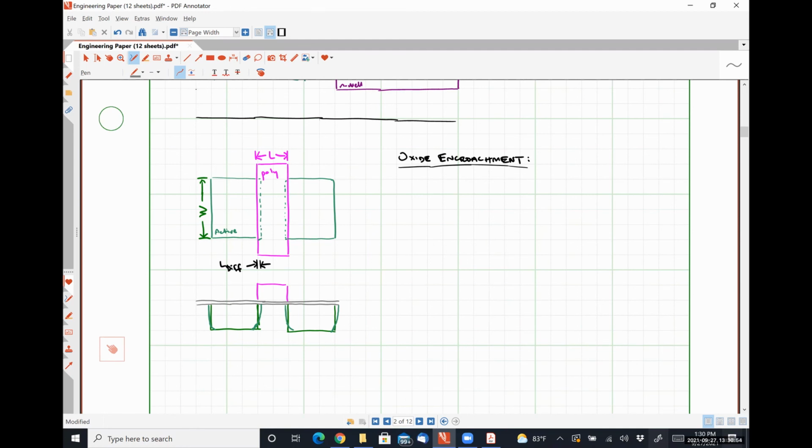So we've cut... I'm trying to think of the best way to explain this. We use our active region, like I said earlier, to cut a hole in the field oxide, right? Oxide encroachment is really just a misalignment problem here.